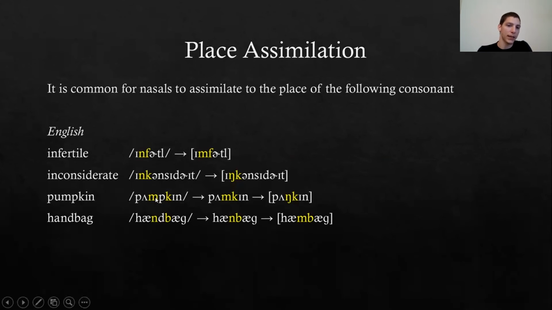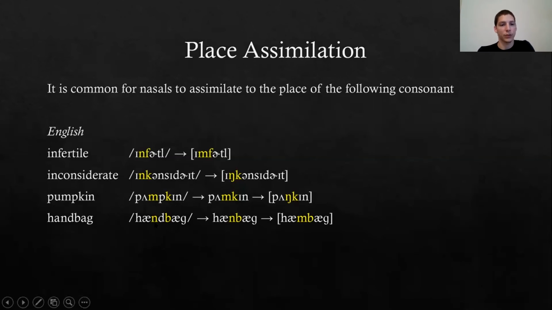We drop out the P because that's a lot of consonants in a row and we just don't really want to do it. So now we have "pumkin." Now the nasal is unhappy because it's bilabial and it's next to a velar consonant. So this also undergoes assimilation so that it is also a velar nasal followed by a velar stop.